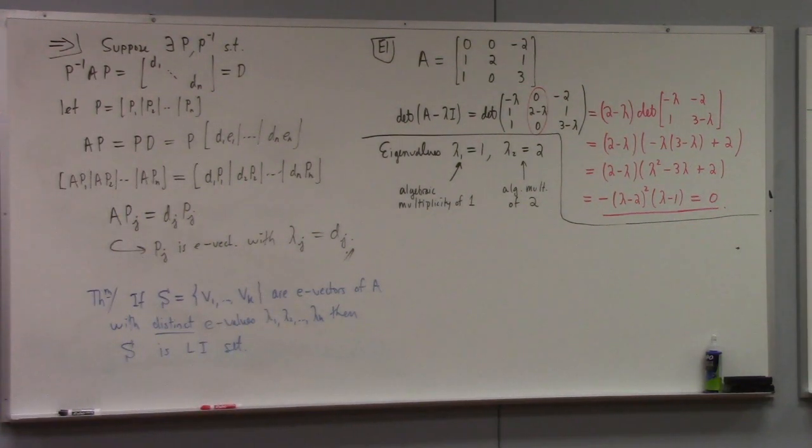All right? So as an application, if you have a matrix that has n distinct eigenvalues, it's diagonalizable. It's also true if it has n eigenvectors in the sense of linear independence.